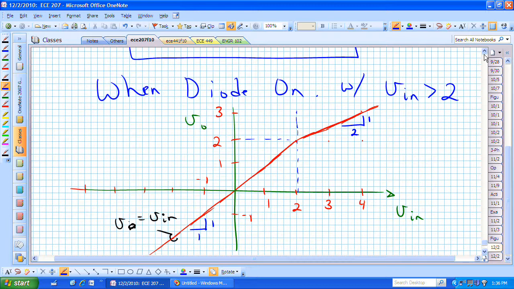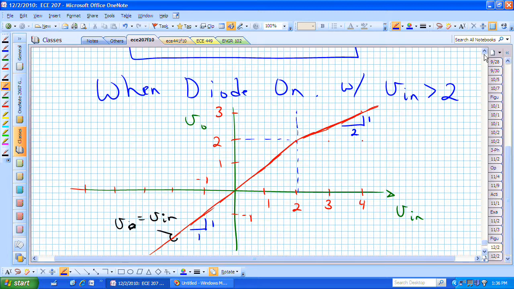Again, this was for an ideal diode. And then beyond that, it's going to have a slope of 1/2. We were able to determine this transition or this behavior by simply looking at the diode in its 2 possible states. We looked at the circuit when the diode was off and determined under what conditions that was true. Then we analyzed Vout versus Vn.